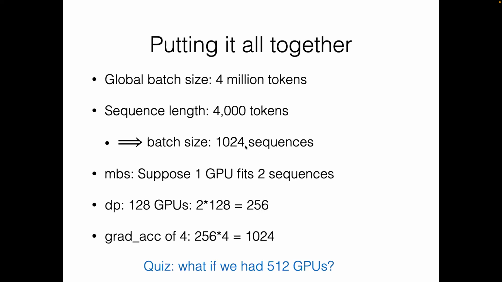If the target is to get 1,000, now you can see that we have to use gradient accumulation of 4. So you can see that the practical constraints can help you determine the settings so that you can meet a target batch size. Okay, so then you could think about what if you had 512 GPUs, and you can check your understanding on that.